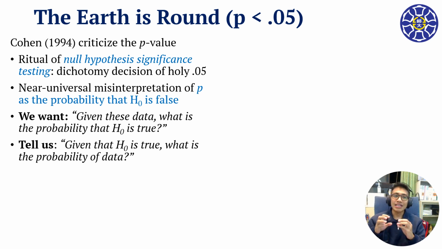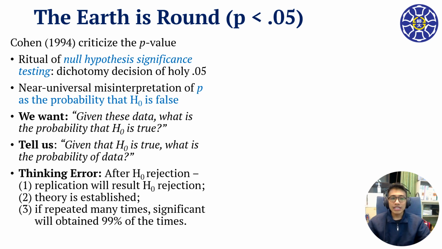Although for some people it may seem similar, in syllogism and logical thinking it is different. There is also a thinking error: if people reject the null hypothesis, they will think that replication, which is a similar study in the future, will result in a similar result.